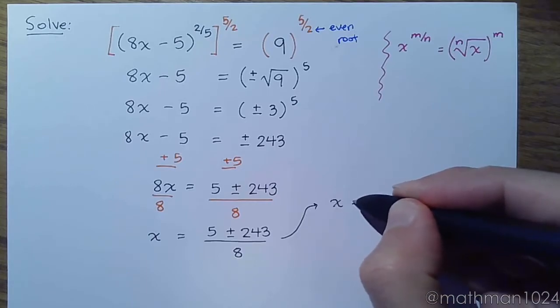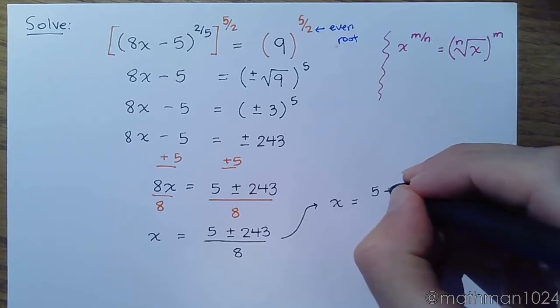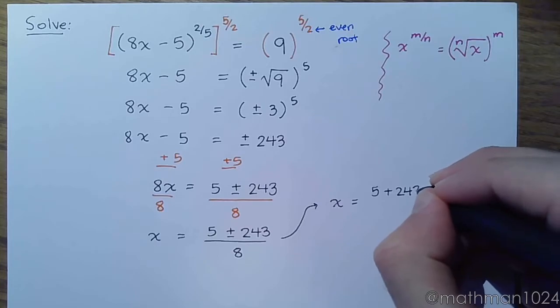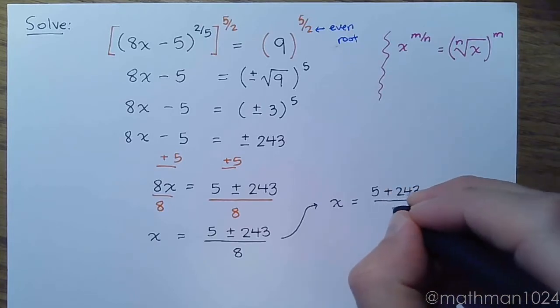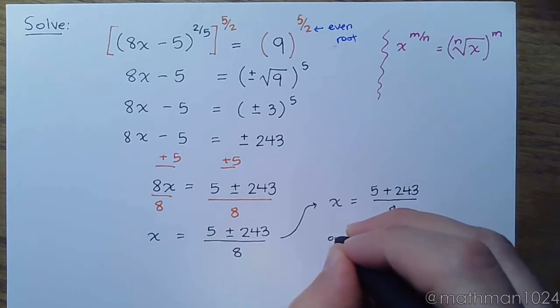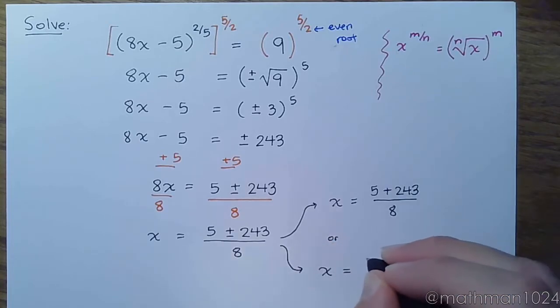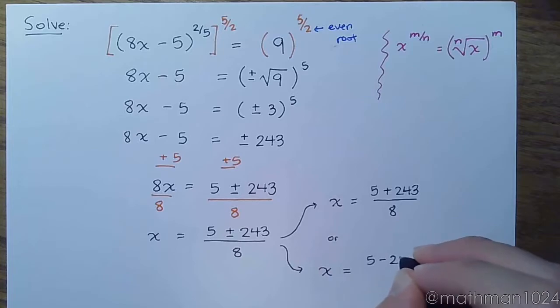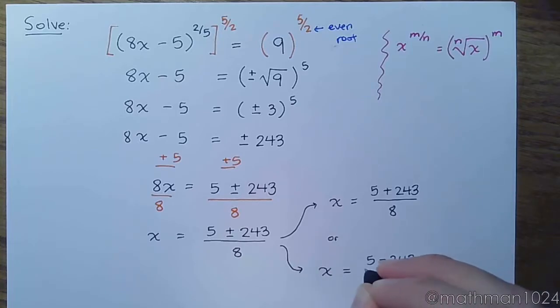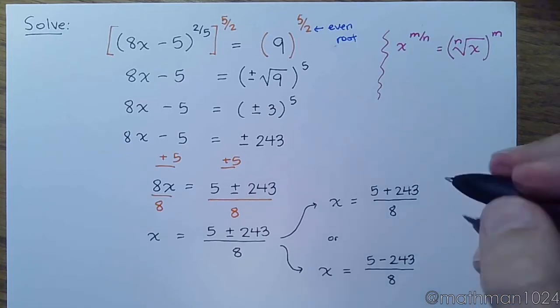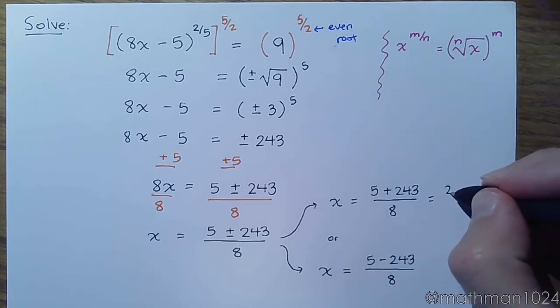One of these, where we have 5 plus 243 divided by 8. And then you have the other part of this, which is x is equal to 5 minus 243 divided by 8. So take these guys individually and simplify this.